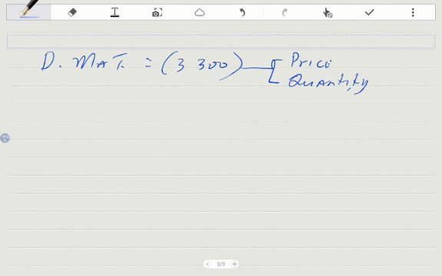So I'll simply assume and say, okay, let's first look at the price. We develop a formula to calculate that, where we say that, okay, it's going to be actual price minus the standard price, and we multiply with the actual quantity. So that's the formula that we have.